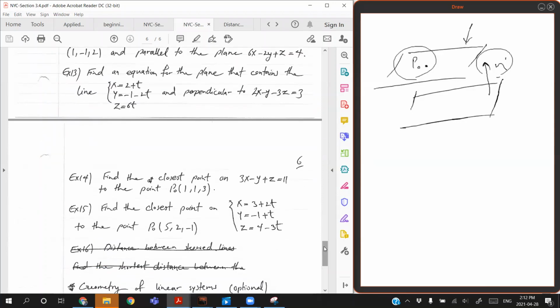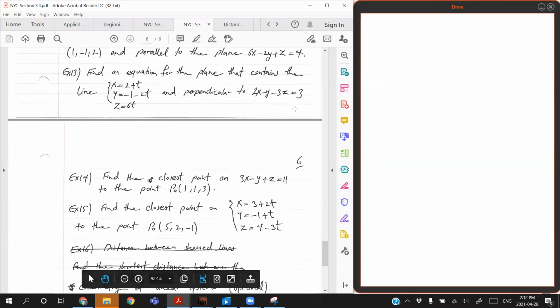So number 13, find an equation for the plane that contains this line and is perpendicular to this plane. So this is a little more difficult. You have a line.